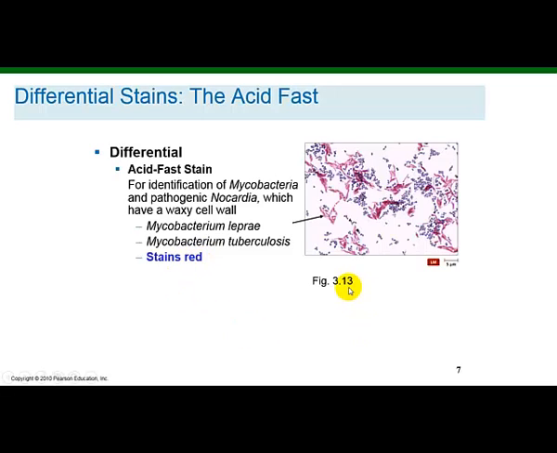For the non-acid-fast bacteria, lacking these waxy lipid components, this red carbol fuchsin dye will be removed, and it ultimately leaves the cell colorless, whereby a counterstain is then applied, and the cells will then stain blue, distinguishing them from the acid-fast microbes. The image here shows a mixed culture that's been acid-fast stained. Non-acid-fast bacteria will stain bluish-purple, and the acid-fast bacteria will stain reddish-pink.